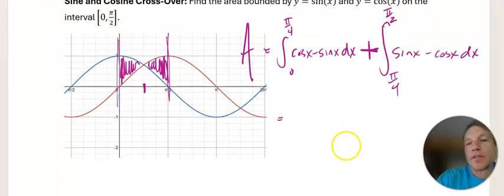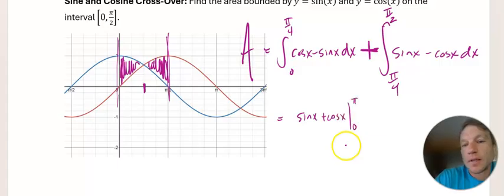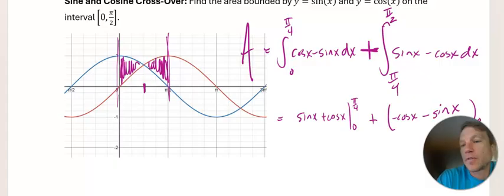The antiderivative of the cosine is the sine. The antiderivative of the sine is the negative cosine. The antiderivative of sine is negative cosine. The antiderivative of cosine is sine, so the negative comes along, and I'm going from pi over 4 to pi over 2.